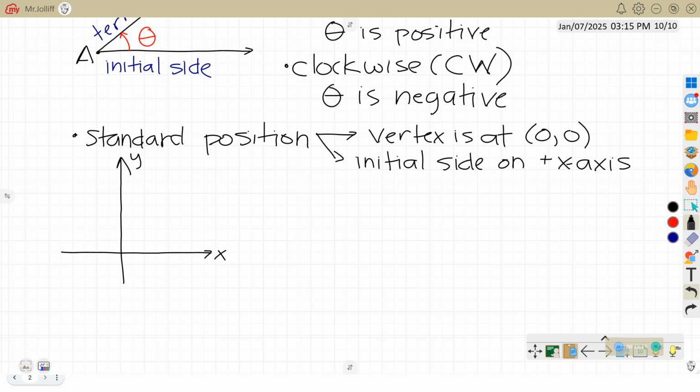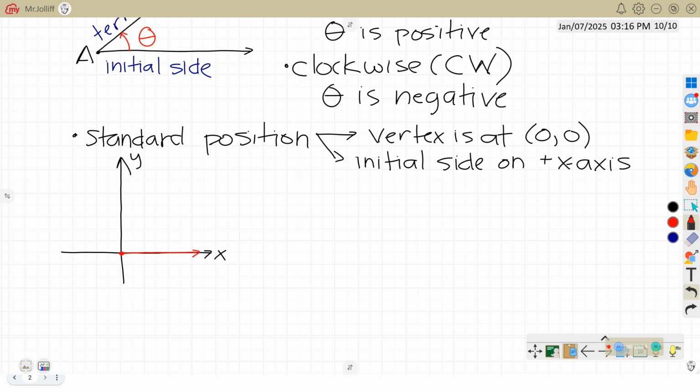I want to build an angle that is in standard position. Somebody give me an angle measurement in degrees. How big do we want this angle to be? 45. That's an easy one to draw. Thank you, Daniel. I appreciate that. So if I want to draw 45 degrees, I'm going to put, for standard form, my vertex right here. And I know my initial side should be on the positive x. So the first ray that forms one side of my angle is on the x-axis.